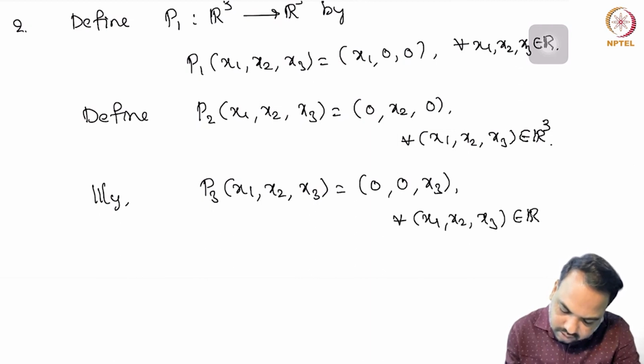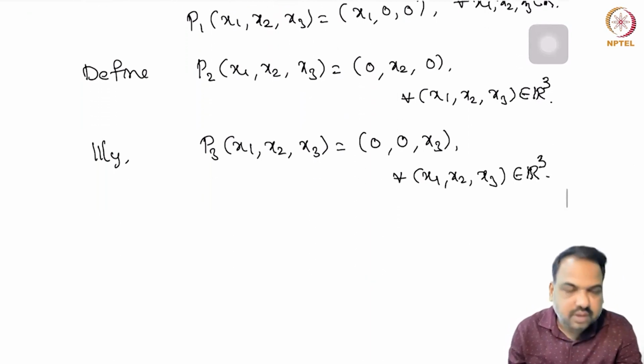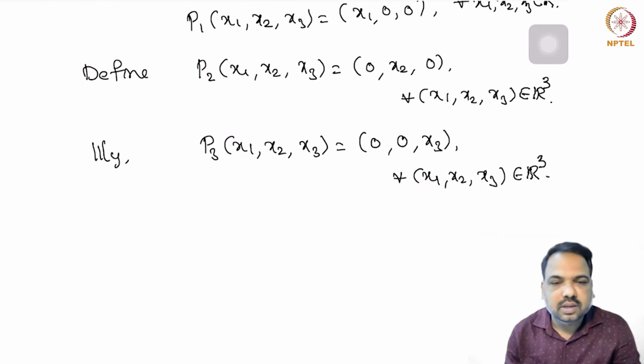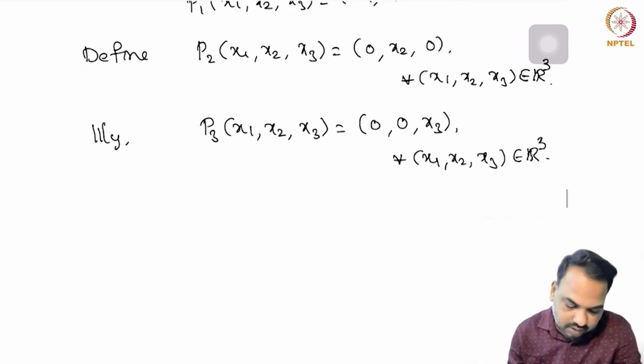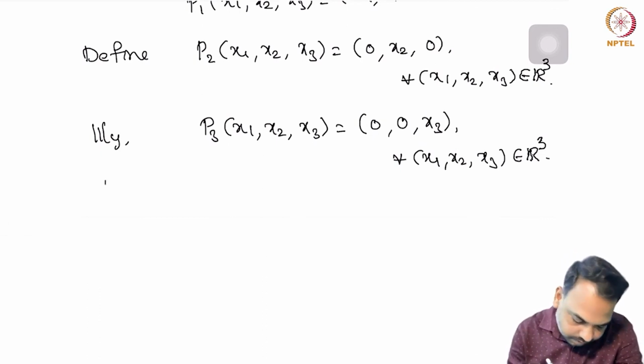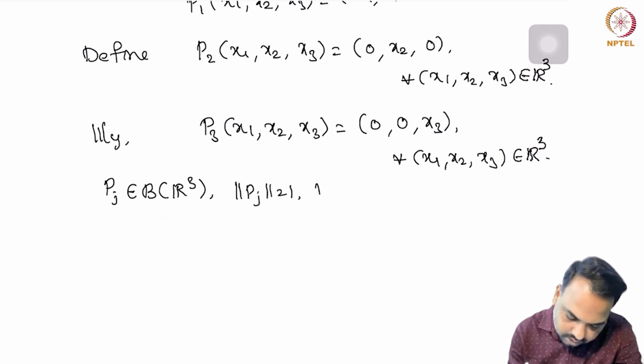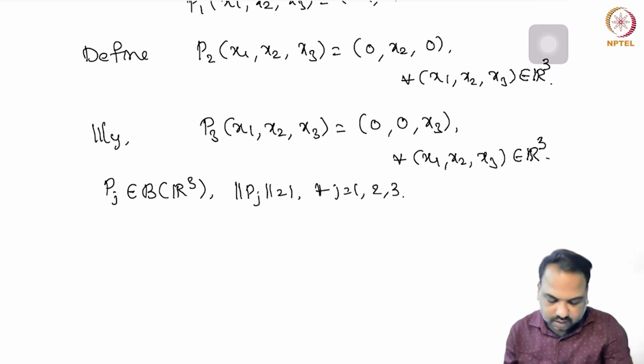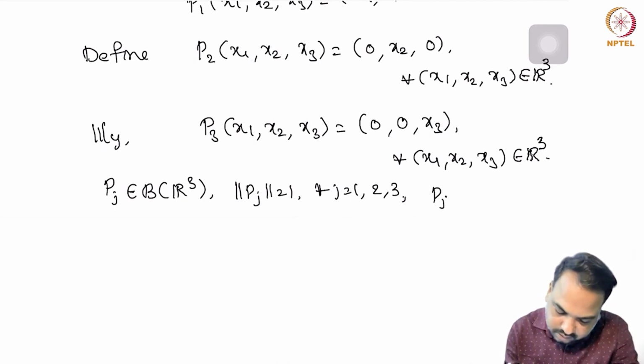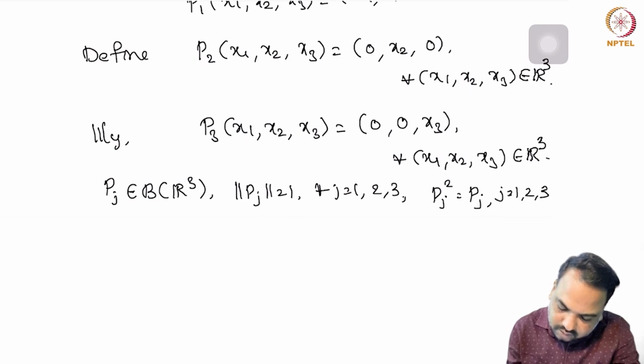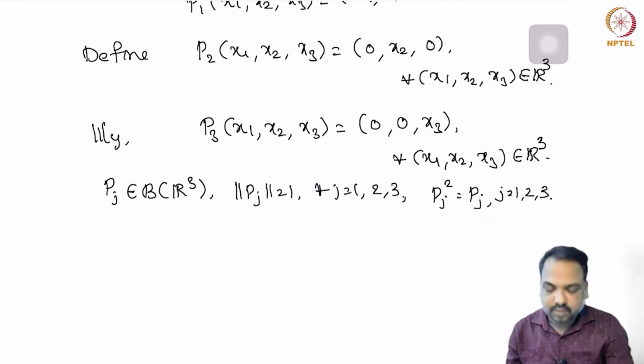So we can check that P1, P2, P3 are bounded linear maps. In fact, the norm of each of these is 1. So Pj is in B of R3 and norm Pj is 1 for all j equal to 1, 2, 3, and Pj square is Pj for all j. So these are all projections or idempotents.